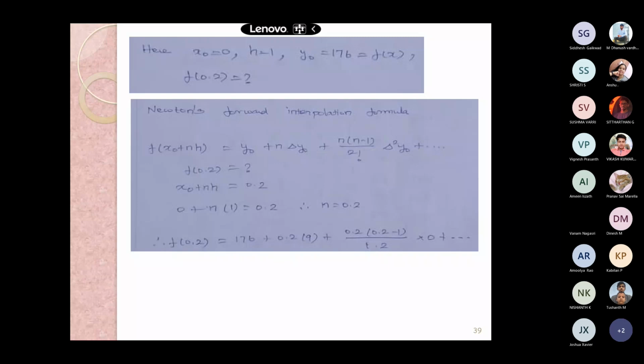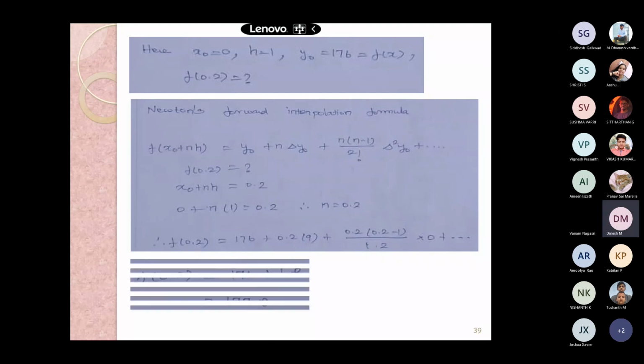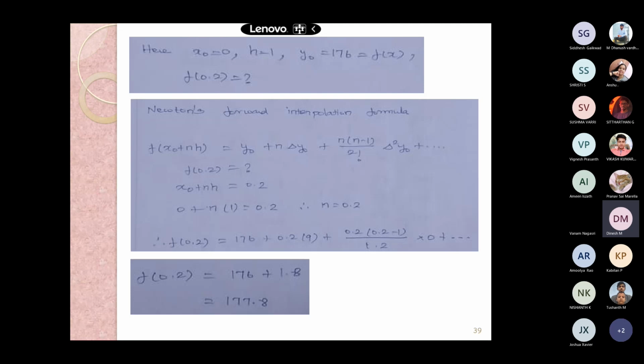What is the value? 177.72. Very good, 177.8. Yes, 177.8.